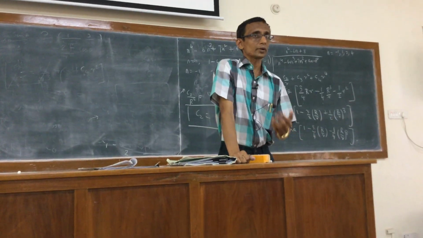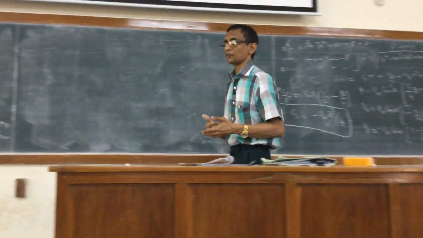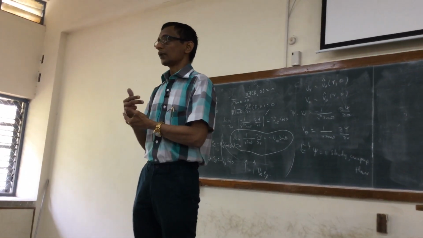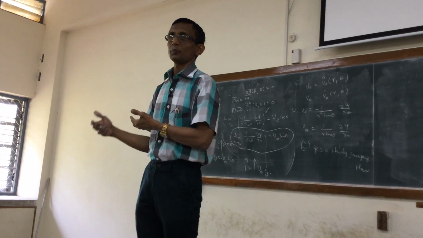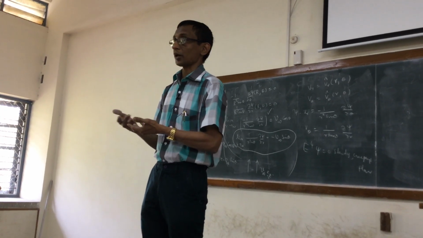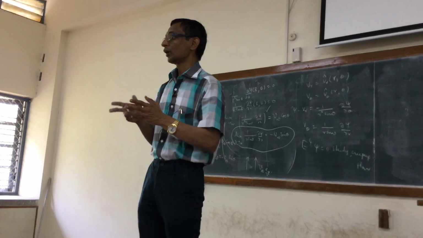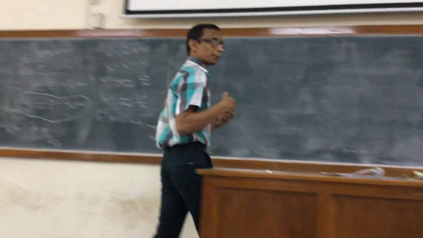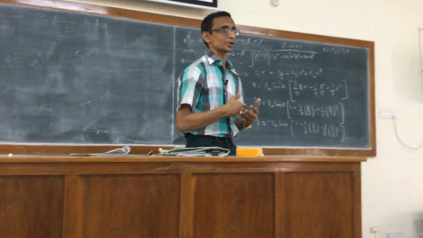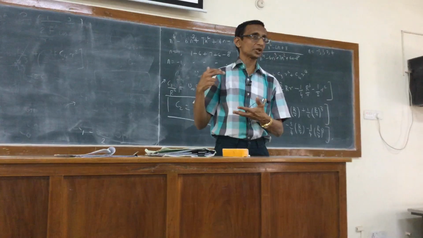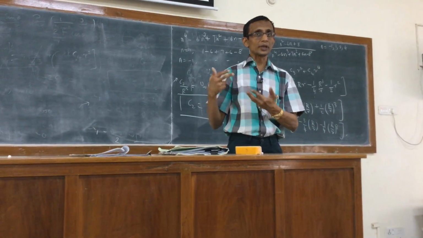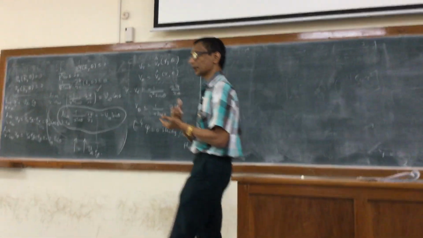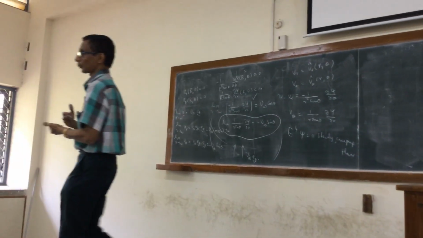What I pointed out, one of the objectives of introducing the stream function, is that we seem to decouple the velocity calculation from the pressure calculation, which is what I have done. If you look at the equation of motion as such, velocity and pressure are coupled in the equation. So the stream function approach provides a way of decoupling in a somewhat indirect manner, so that we get the velocity profile independently of the pressure profile.